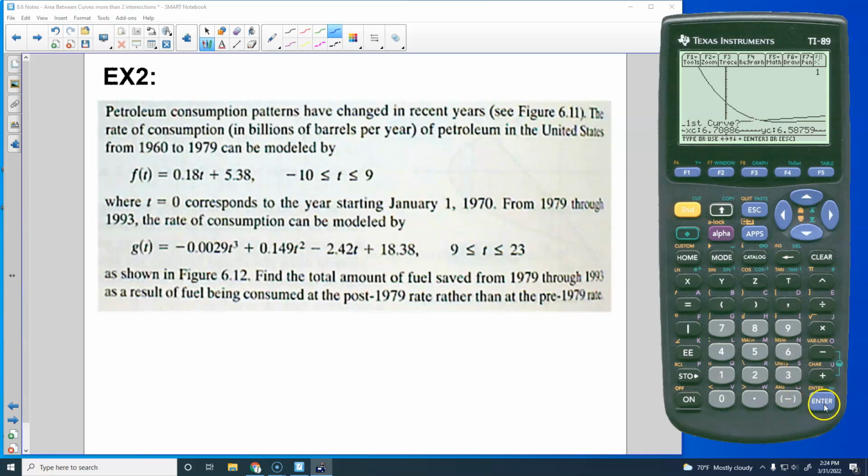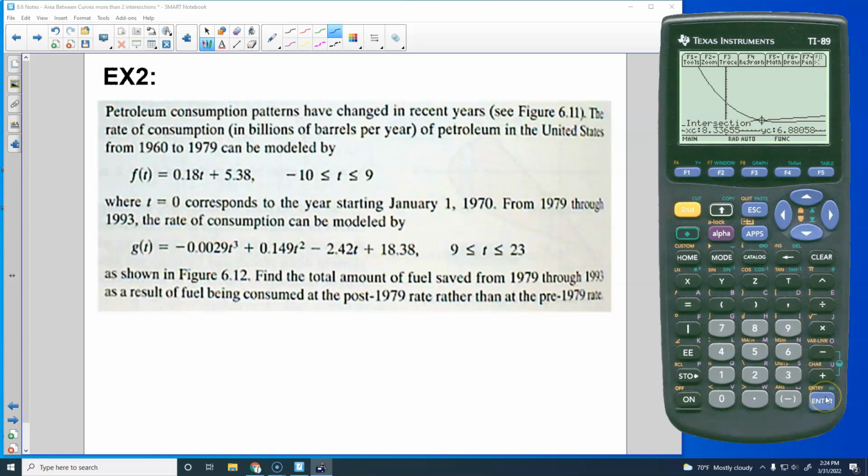First curve, second curve, lower bound. Move to the right side for your upper bound. If you only have 2 in, it should just automatically switch to the other one and it should be okay.